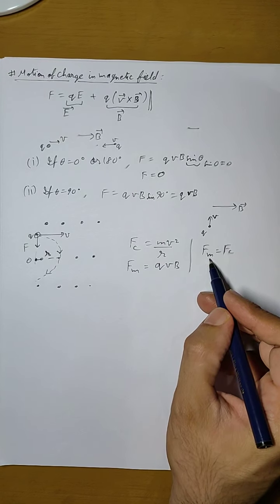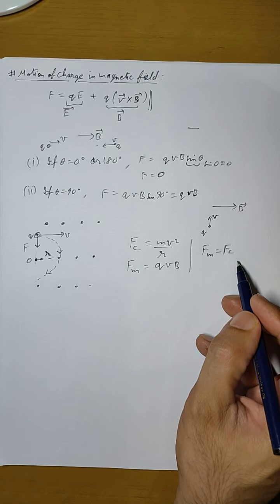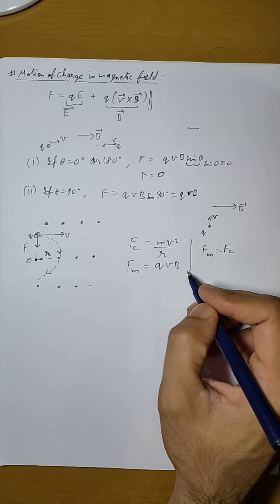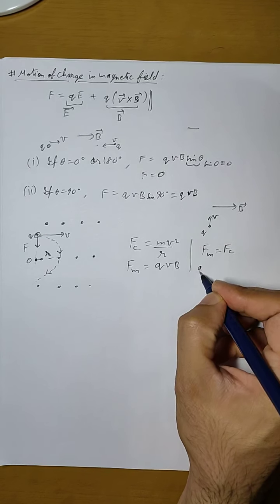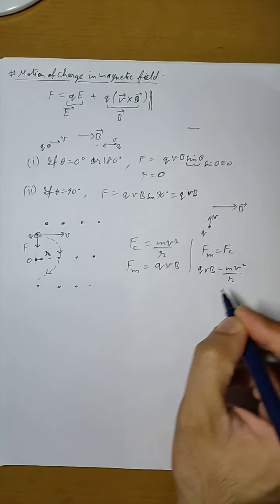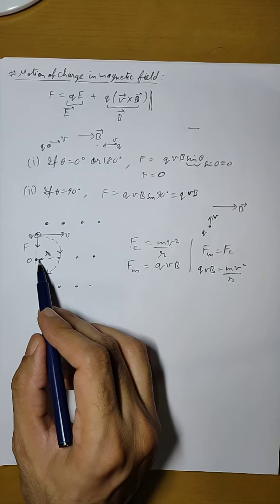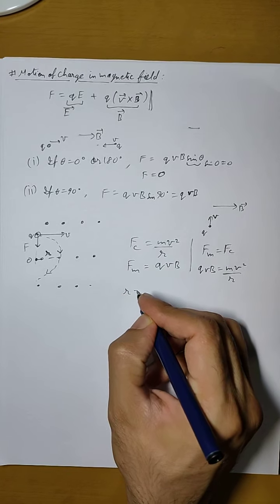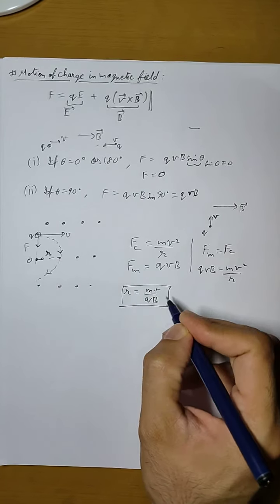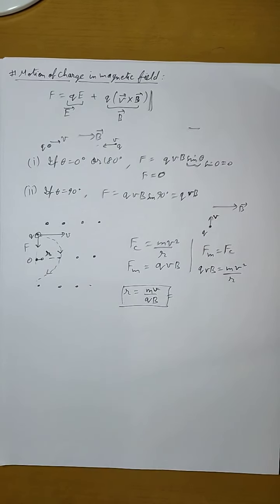The magnetic Lorentz force should be equal to the centripetal force. If we put both of them together, then qVB = mv²/r, and from here we can get the value of the radius of this circular path. So r will be equal to mv/qB. This is the radius of the circular path.